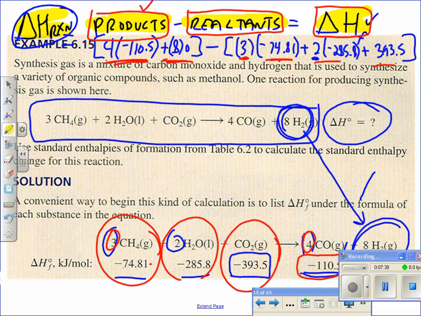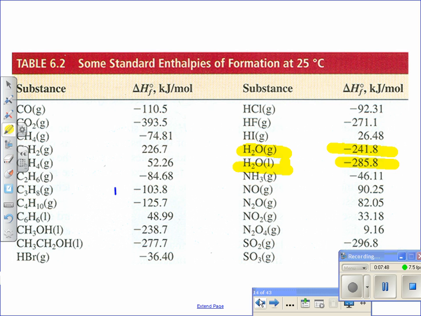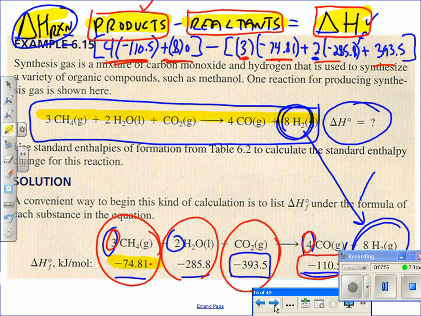So what do I do? Well, I take a reaction like this, and I look up the values. For example, CH4 is negative 74.81. That comes from the table right here. I look up CH4, negative 74.81. It's a compound, so it has a value. It is a reactant, so I'm going to put it over here, 3 times the negative 74.81. I also have water as a liquid.